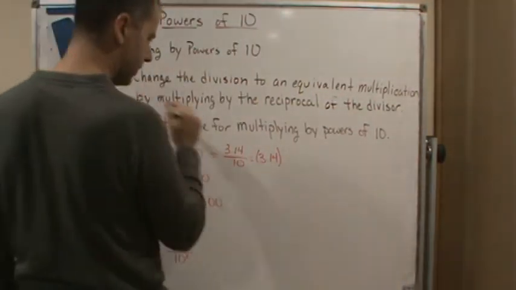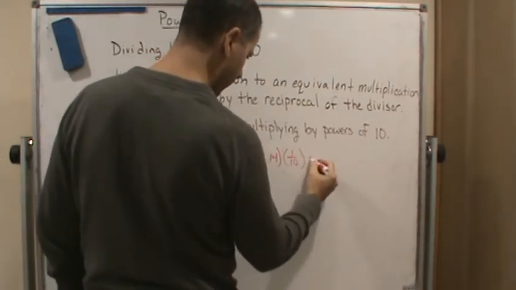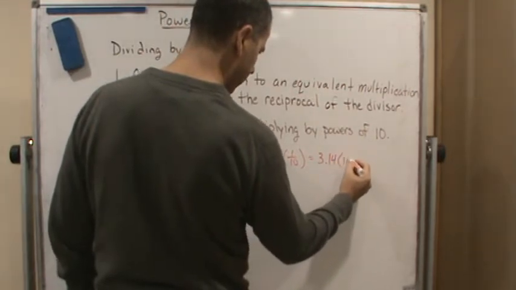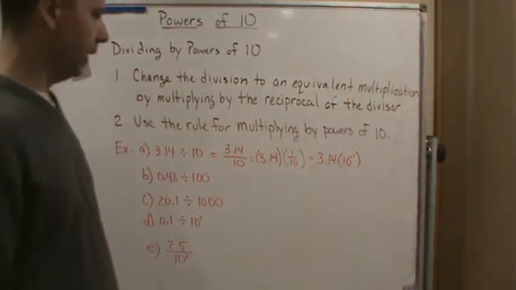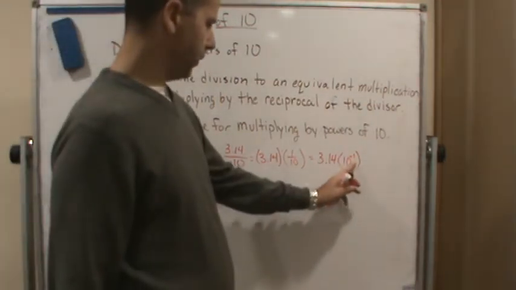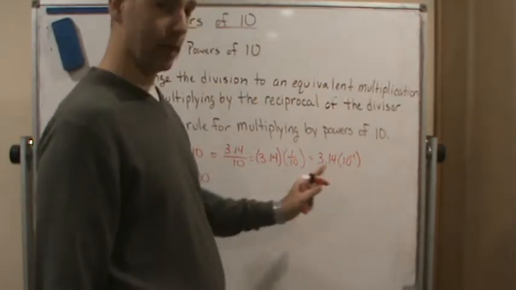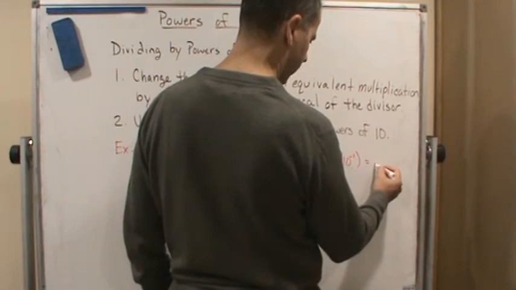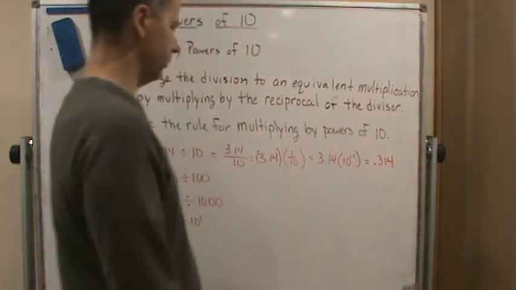Right, so I'm just writing it differently, which is the same as 3.14 times 10 to the negative first power, right? And so remember, 10 raised to a negative exponent, we're going to move the decimal point to the left. And so this becomes 0.314, right?